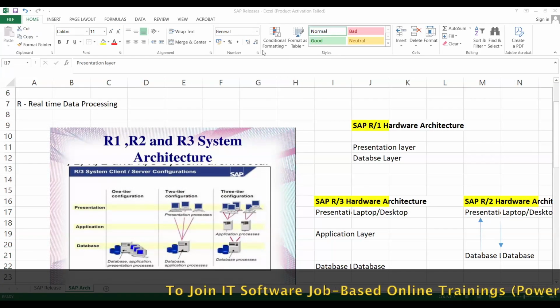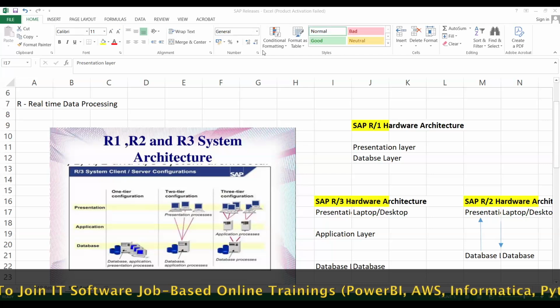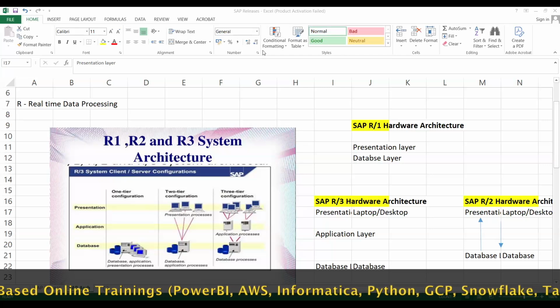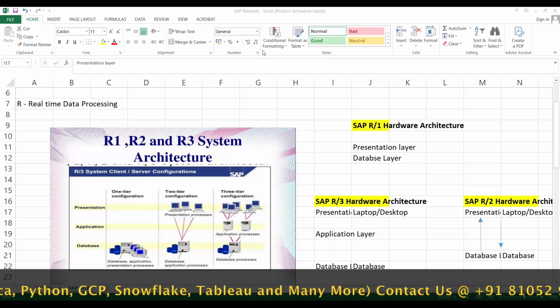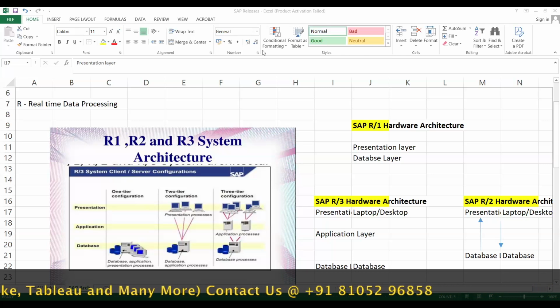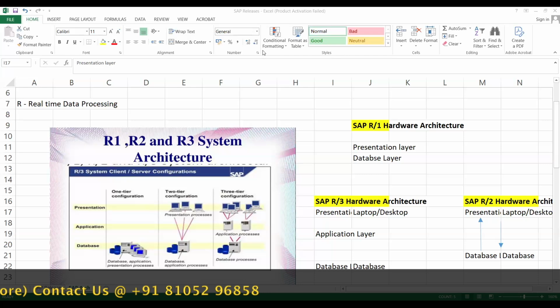Okay, can anyone try to tell me what exactly you have understood about SAP R3, with a simple example or in a simple way? If possible, or if you have any doubt, I can clarify.